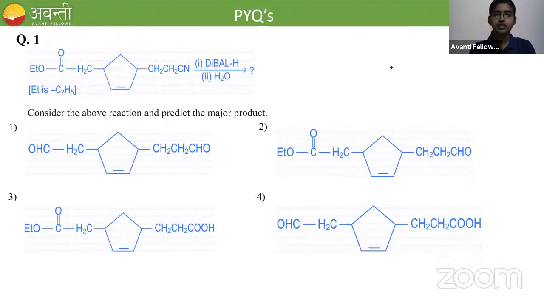If you have got the answer, just type it in the chat box so that we can discuss. It is very easy, just the compound looks a little bit bigger.